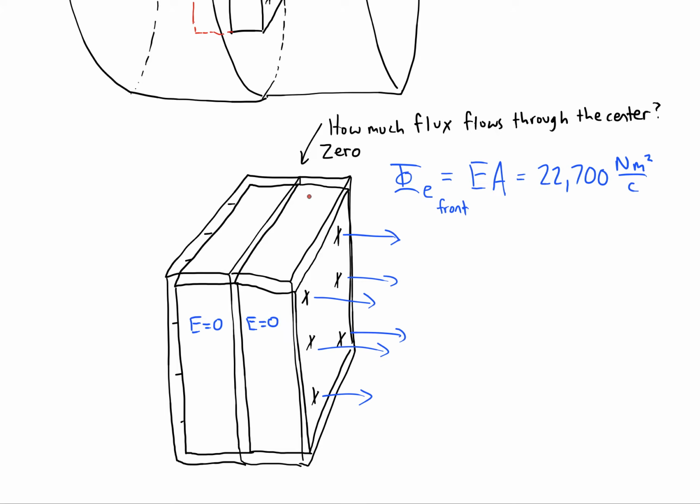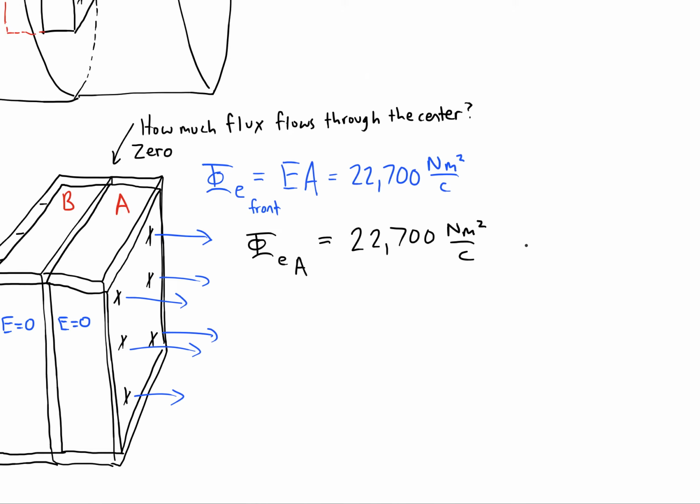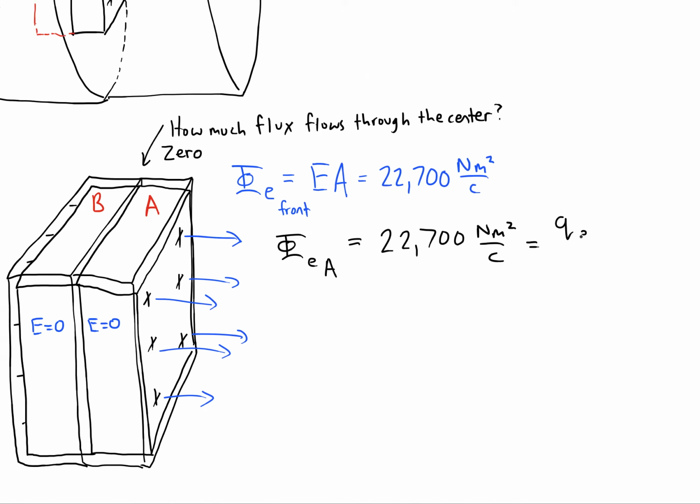So we have Gaussian surface A and Gaussian surface B. The total flux through A is due completely to the flux through the front surface. So that's going to be the 22,700. We want to set that equal to the charge enclosed by A over epsilon naught.